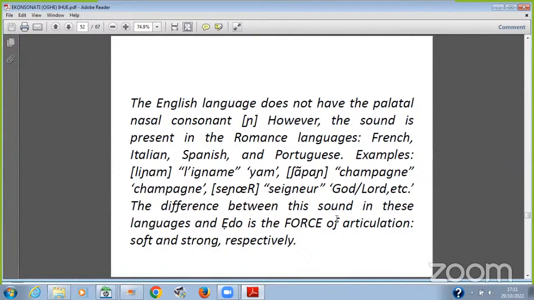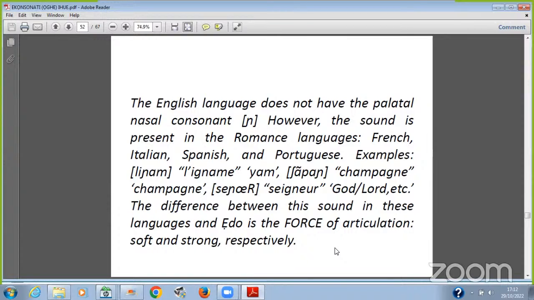The difference between this sound in these Romance languages and Edo is the force of articulation. It is soft in those Romance languages, whereas it is strongly pronounced in Edo. So if I say Seigneur strongly, they will automatically know that I am not a French native speaker because of the way I say Seigneur.